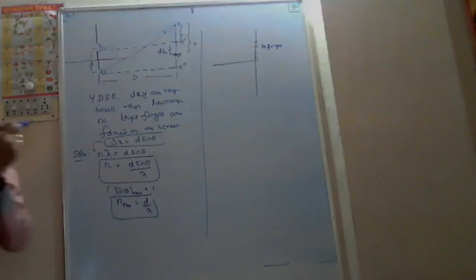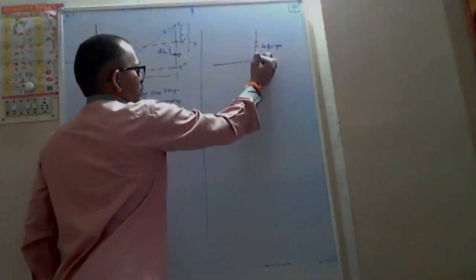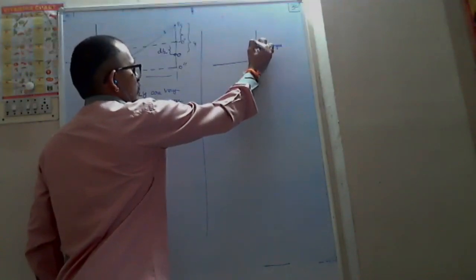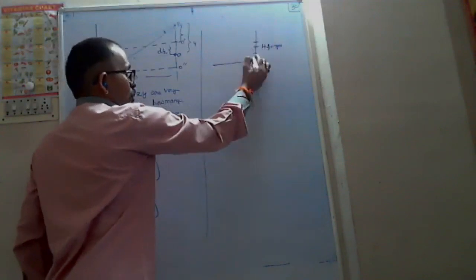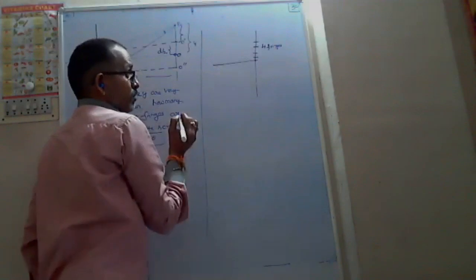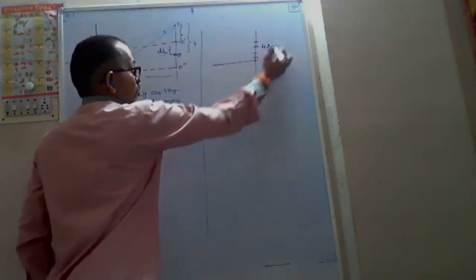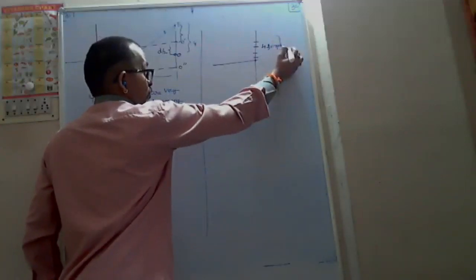You have to understand it properly. 4 bright fringes means n equals 1, n equals 2, n equals 3, n equals 4. What about the center? So total 5, including the center fringe, n equals 0.